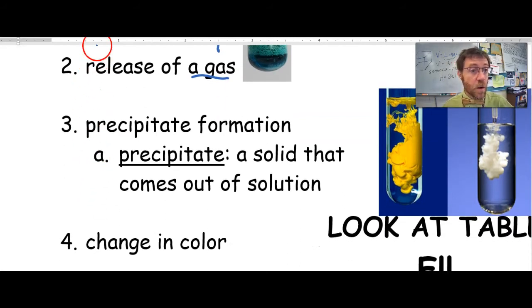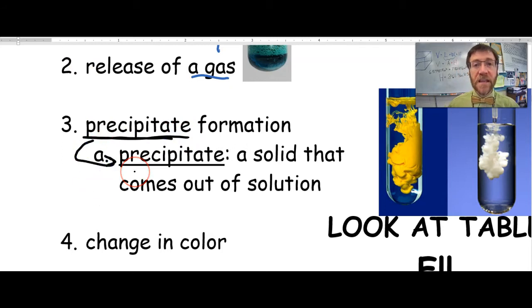The other one is what we call precipitate formation. Precipitate. If you don't know what that is, you should look right down there. A precipitate is a solid that forms out of solution or falls out of solution. It's just like precipitation is when water falls out of the atmosphere. In chemistry, a precipitate is a solid that kind of falls out of solution, and right down here, these guys right here, right there and there, we have a couple of precipitates.